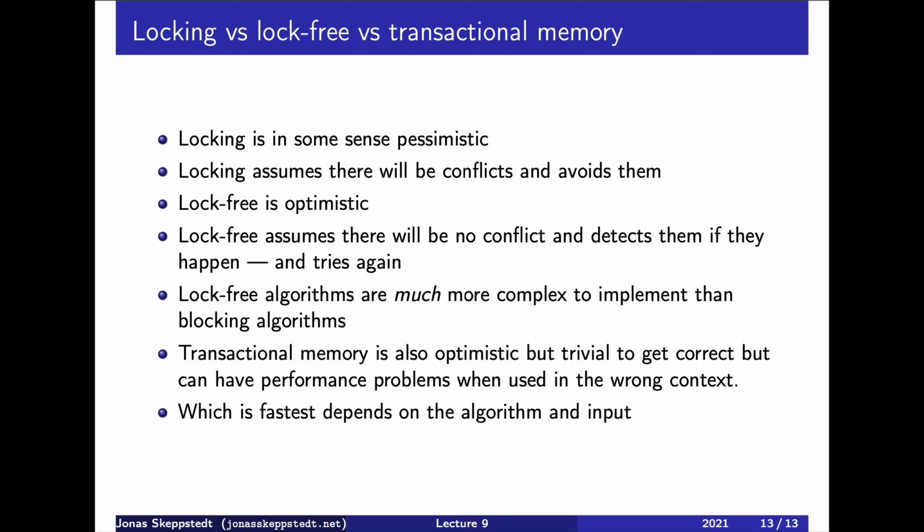So if we compare that with transactional memory, transactional memory obviously is also optimistic, but it's trivial to use compared to lock-free algorithms with atomic variables, since it's the hardware that checks if there were conflicting memory accesses.